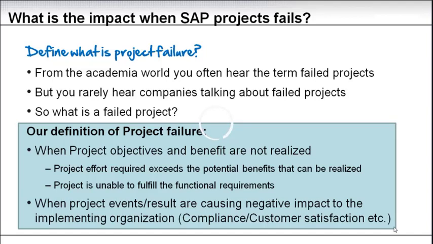In basic terms, the solution doesn't work. This is very uncommon, that you get that severe a degree of failure on a project. But we also believe that project failure is when project events or results cause a negative impact to the organization implementing the project. That can be compliance, customer satisfaction, etc. So this is our definition when you talk about a failed project.